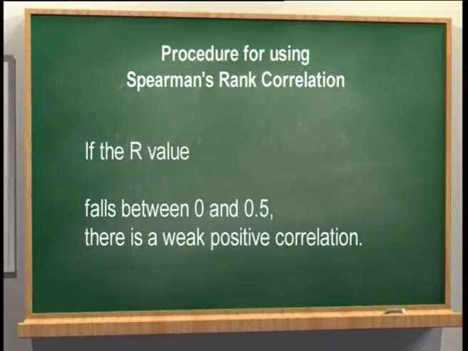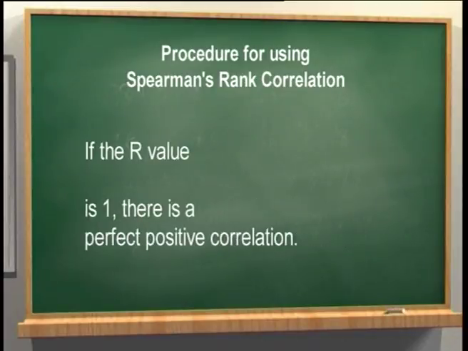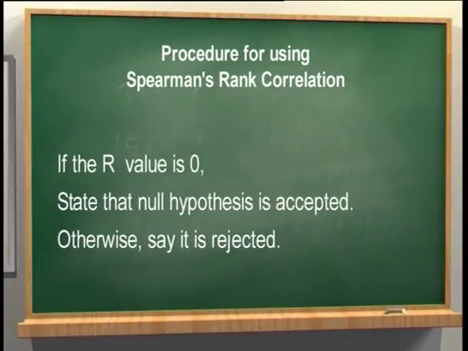If it falls between 0 and 0.5, there is a weak positive correlation. If it falls between 0.5 and 1, there is a strong positive correlation. If it is 1, there is a perfect positive correlation. If the R value is 0, state that the null hypothesis is accepted. Otherwise, say it is rejected.